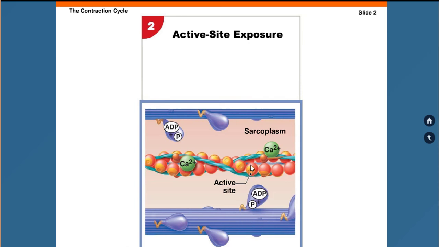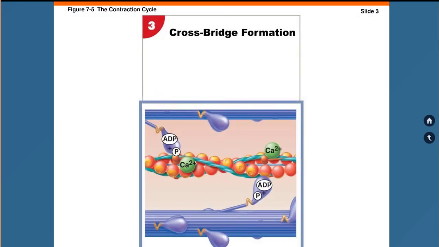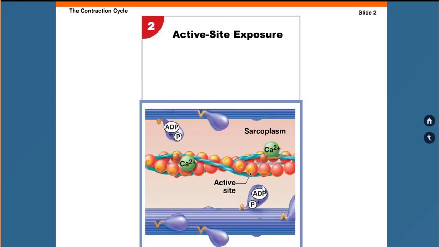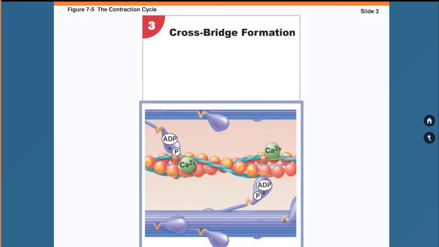Third, next step: this process allows the myosin heads to bind to these exposed binding sites and form cross bridges. The myosin head binds to the active site of actin, where the tropomyosin molecules were.